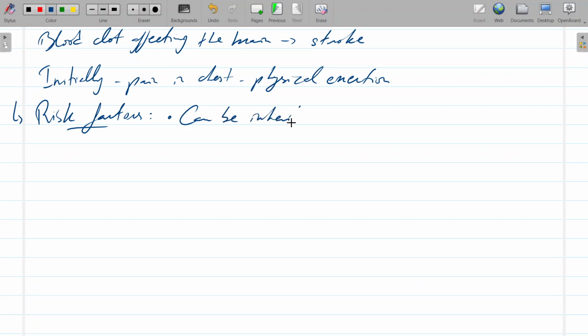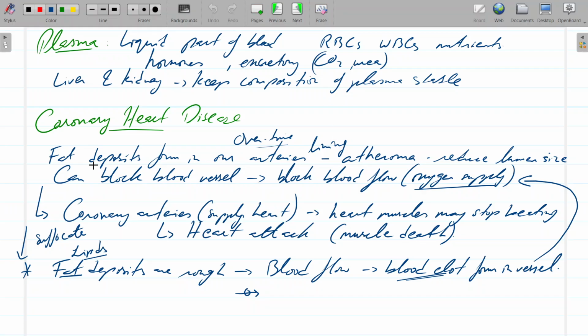So in some people, the atheroma and then the blood clot happens over time. What is the atheroma? Atheroma is the name for the fat deposit in the artery.